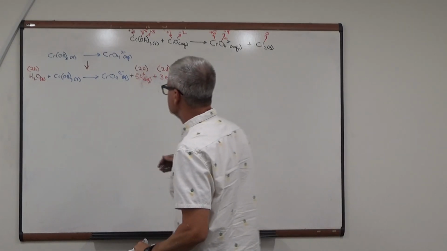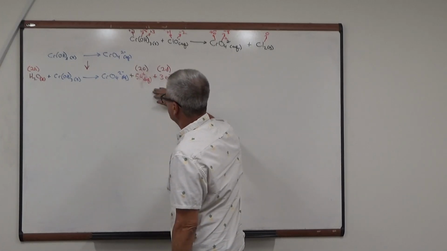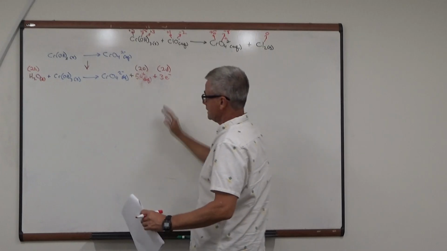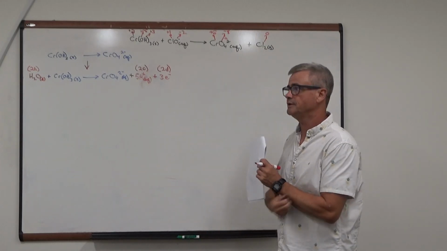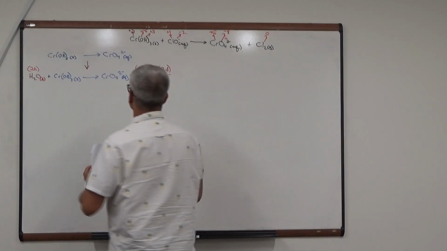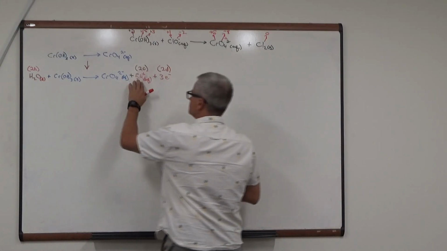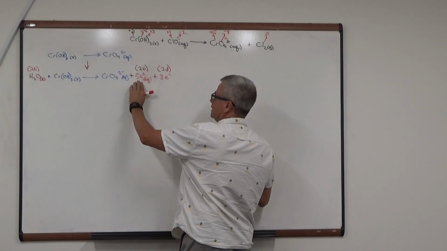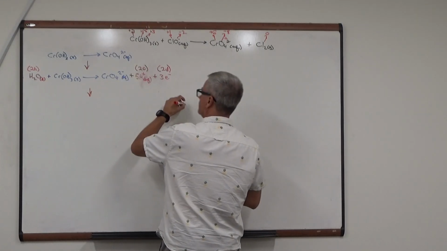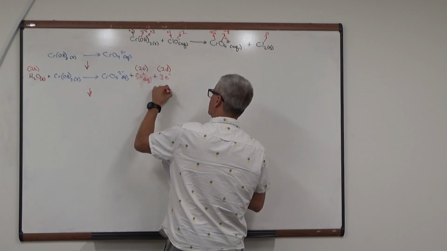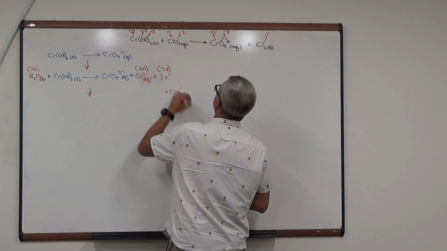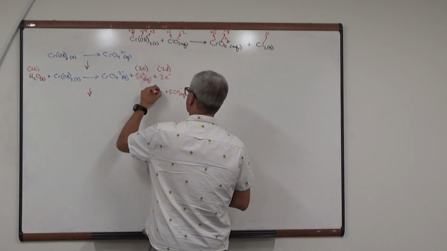So this is now a balanced half reaction, but it's how it would look in an acidic solution, and we need to do it how it would look in a basic solution. All right, so because of the 5 H pluses, we'll add 5 hydroxides. Okay, so plus 5 hydroxide.